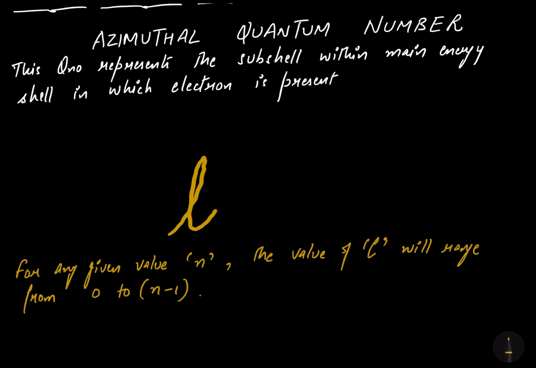That means if we are having the value of n to be, assume, 4, then your values of l will be 0, 1, 2 and 3 only, because 4 minus 1 is 3. So when the value of n is 4, the value of l will be 0, 1, 2 and 3.